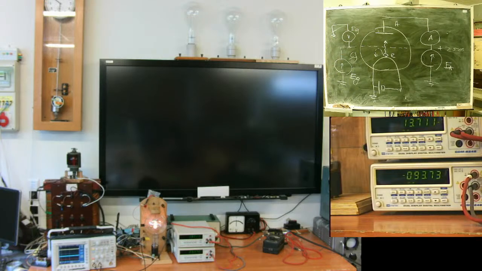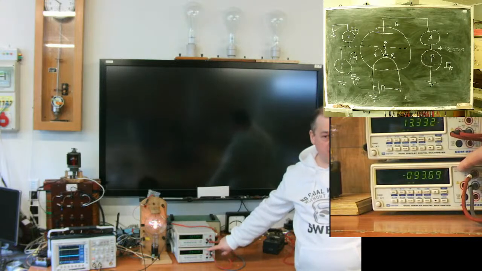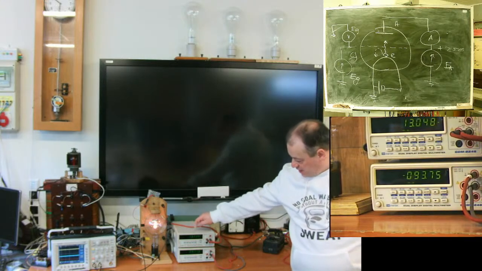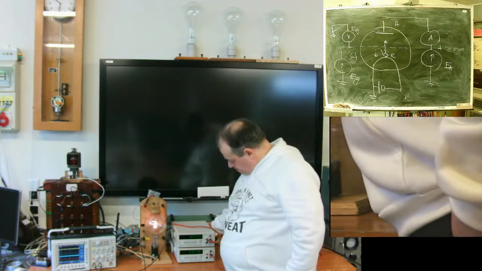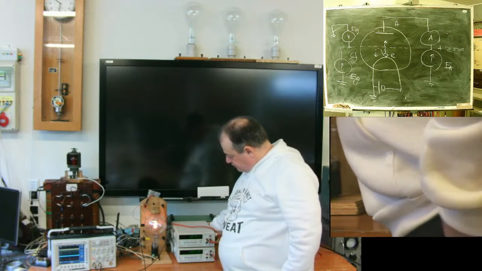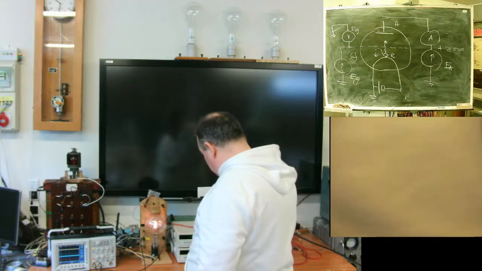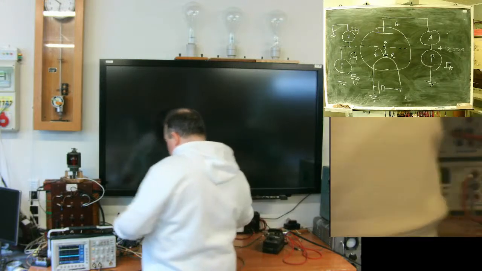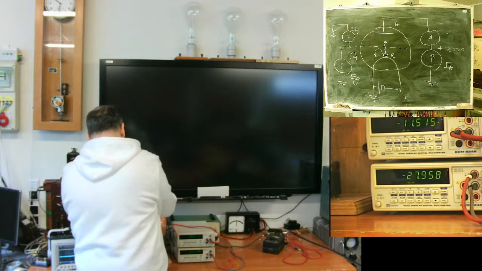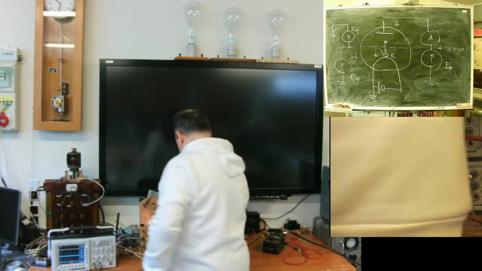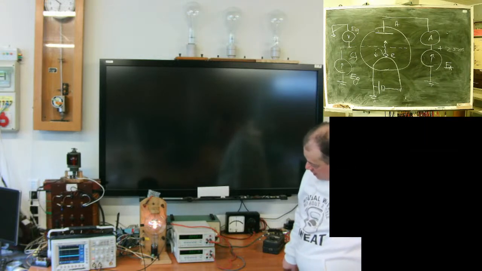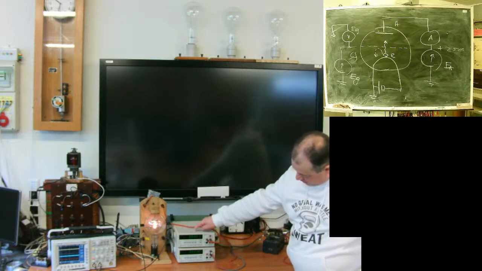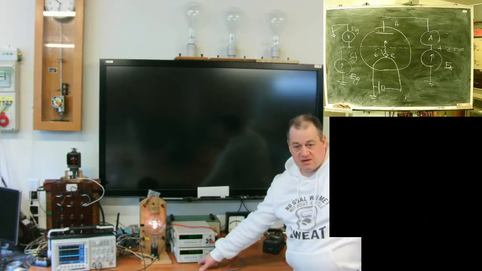And this one is the plate current. Tiny problem. I had a parallel resistor, not needed here. This one is a plate current, this one is grid voltage.